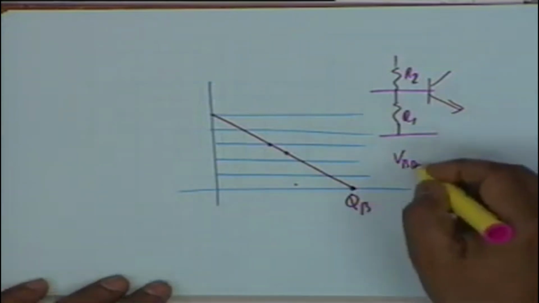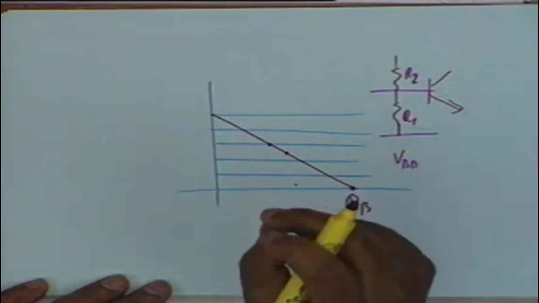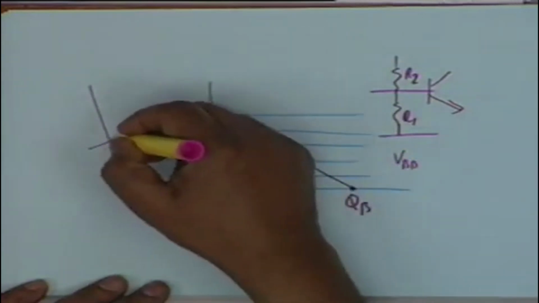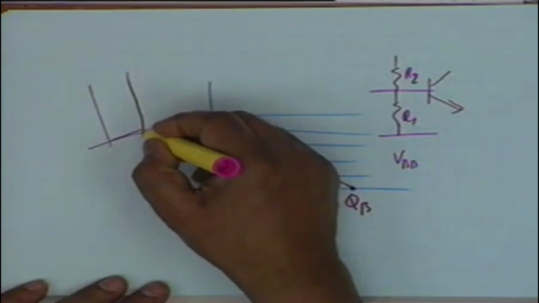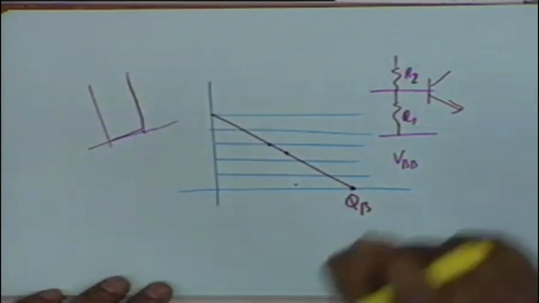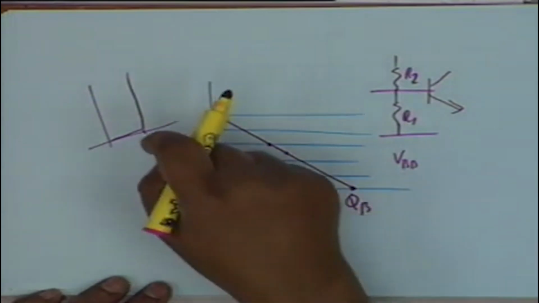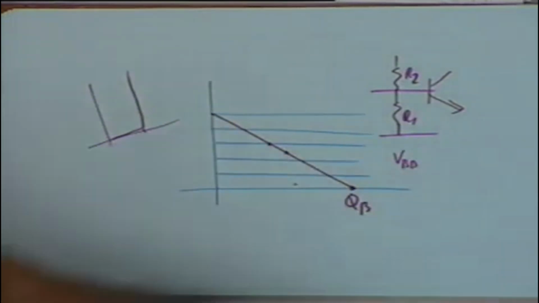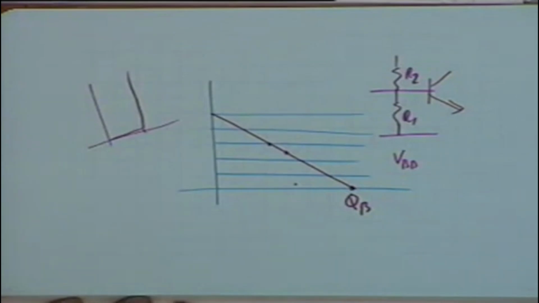It is so arranged that the base-emitter junction of the transistor is biased exactly at 0.7, so that if the base voltage is less than 0.7 the transistor does not conduct, all right.